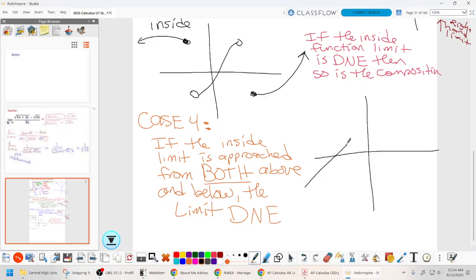So if it's something like this, and again, I'm just making up stuff, right? So it's both above and below. So below and above. Even though the limit of the inside exists, the outside one does not. Okay.